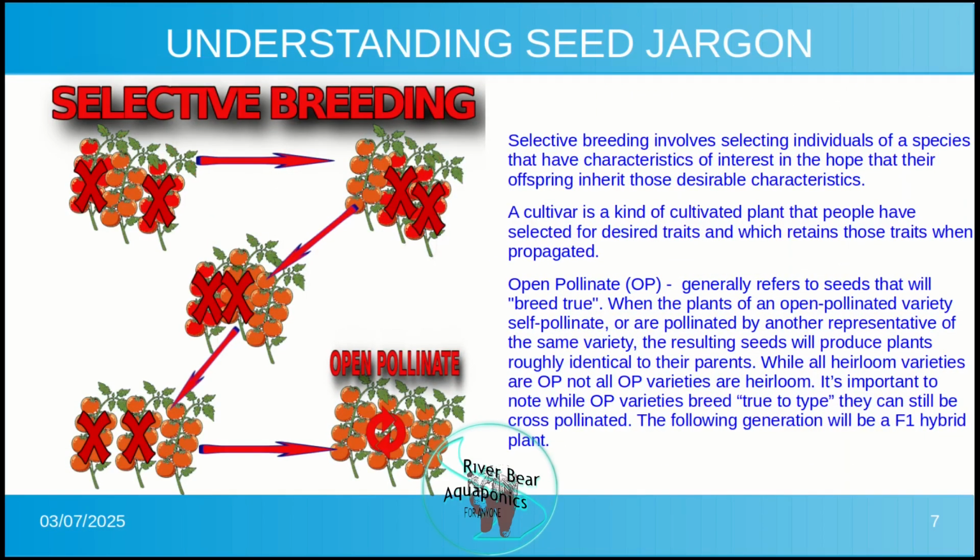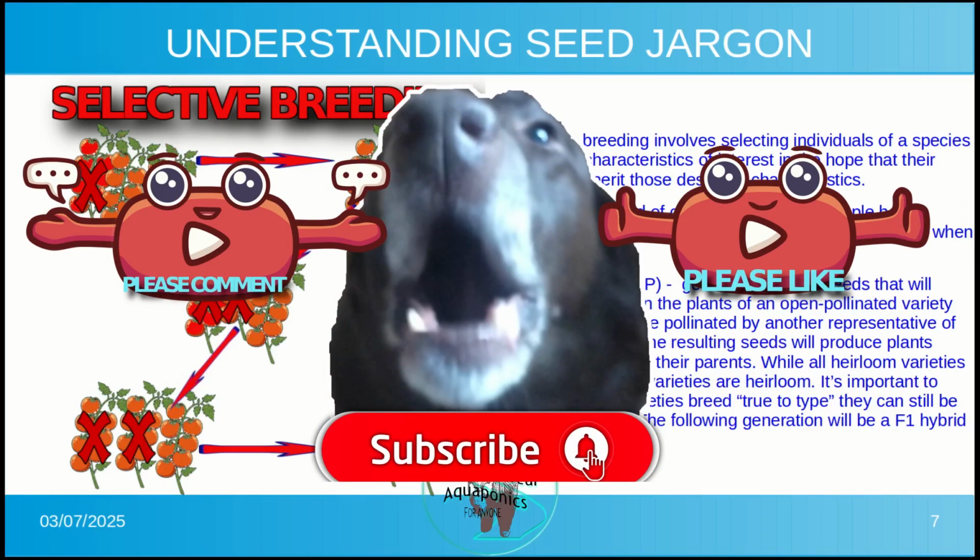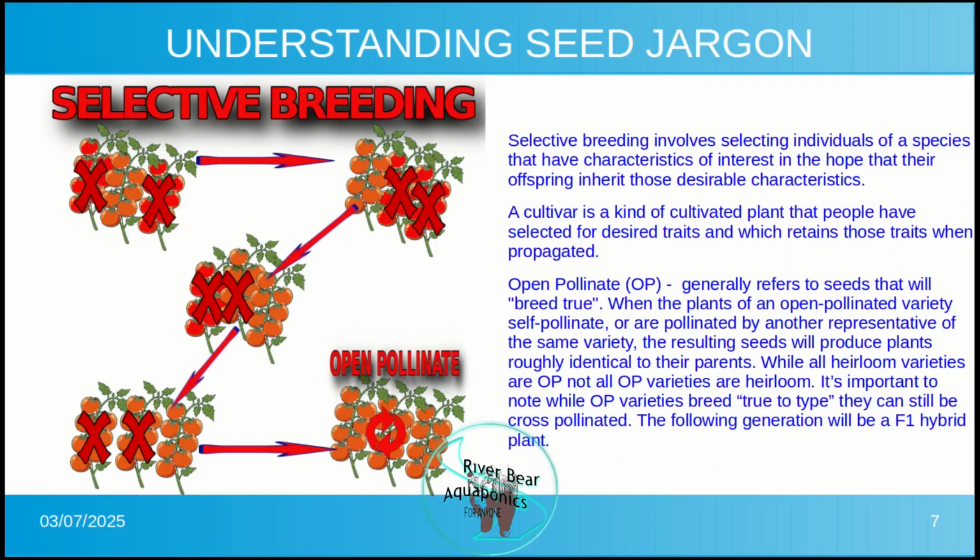Selective breeding involves selecting individual species that have characteristics of interest in order that the offspring inherit those desirable characteristics. After going through enough generations, and selecting which plants are showing those characteristics through different generations, we eventually end up with an open pollinated cultivar.